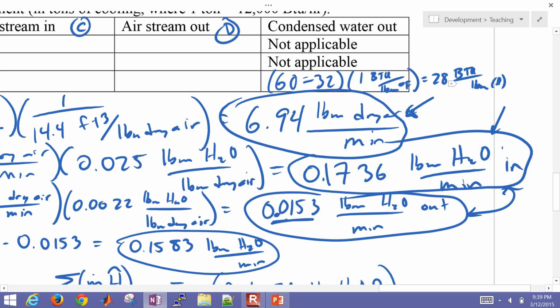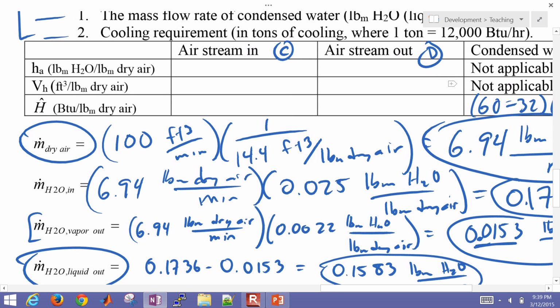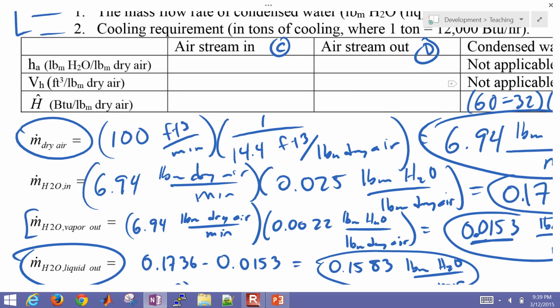Okay, if we look up the other enthalpies here, we're going to have 48.5 minus 0.06, and so that's going to be 48.44, and then we had 16.8 minus 0.042, okay, and that's going to be equal to 16.76.